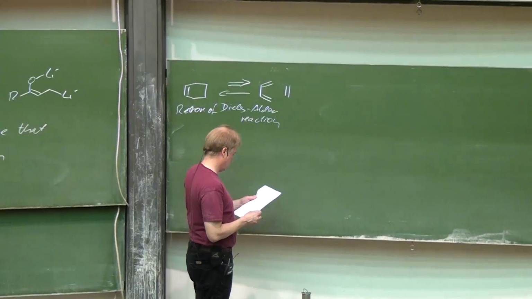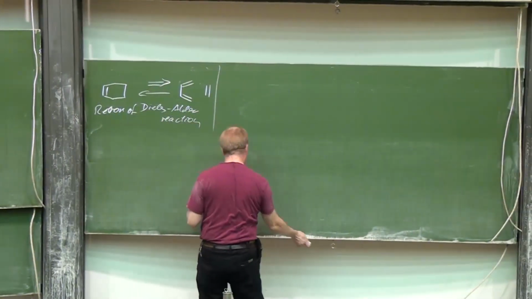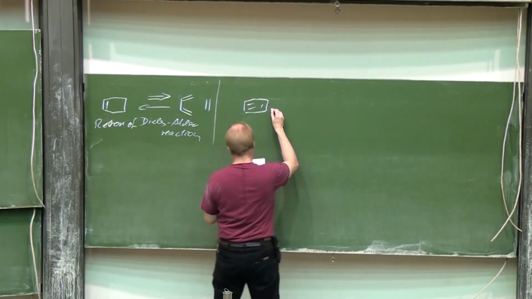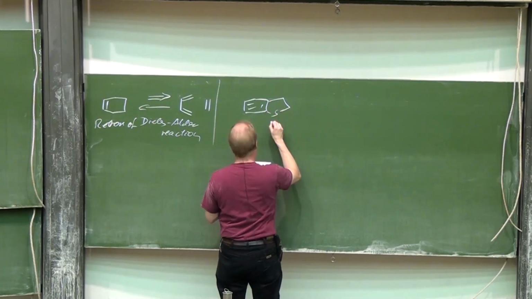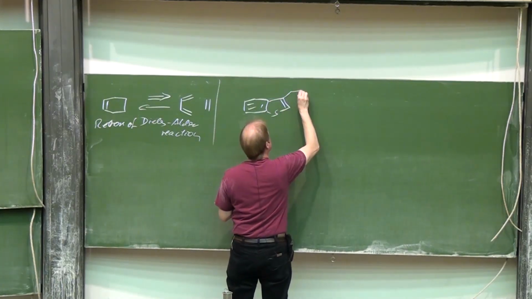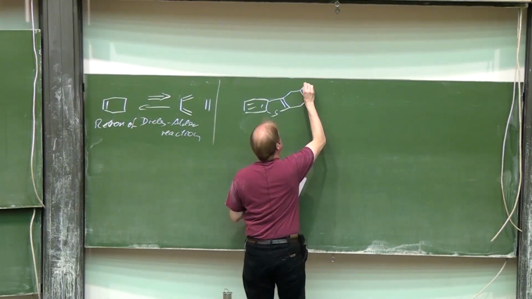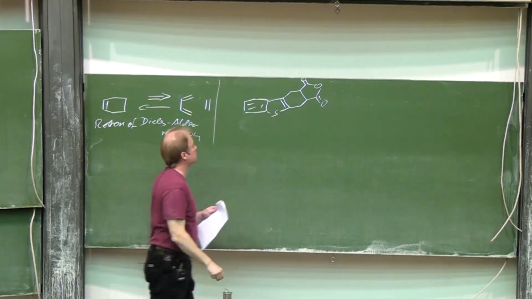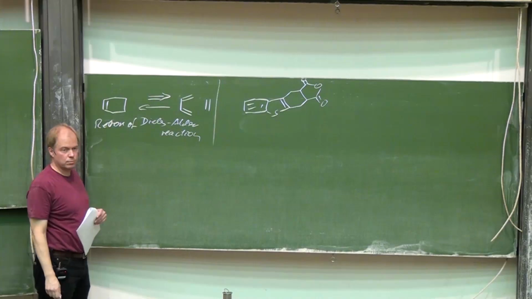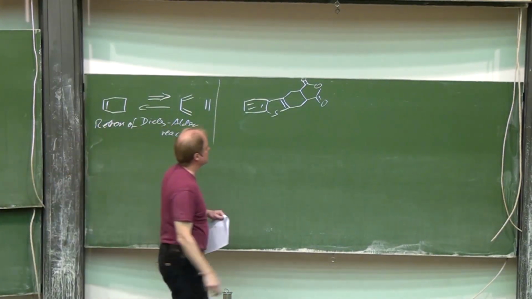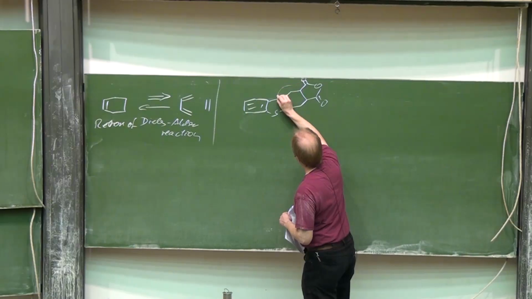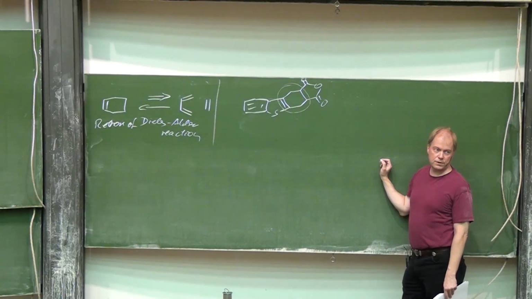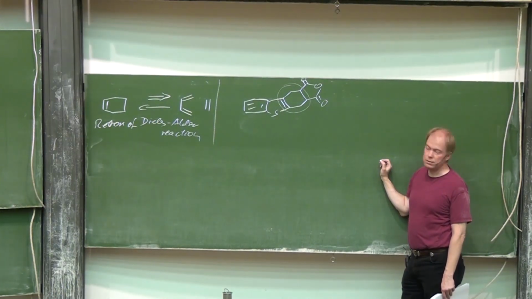Let's try examples for that. This is now our target molecule. We notice that here we have a cyclohexene moiety.